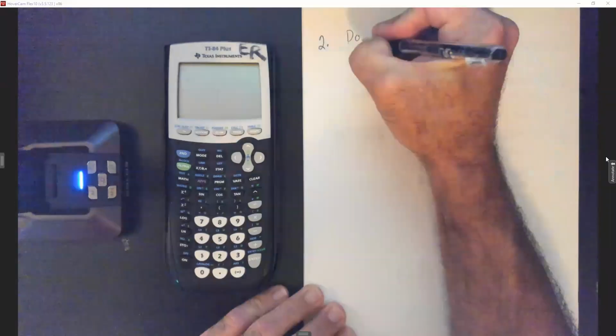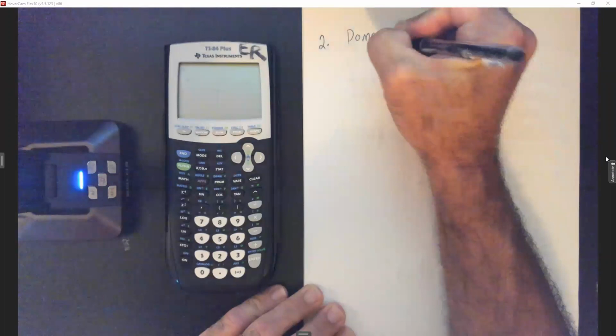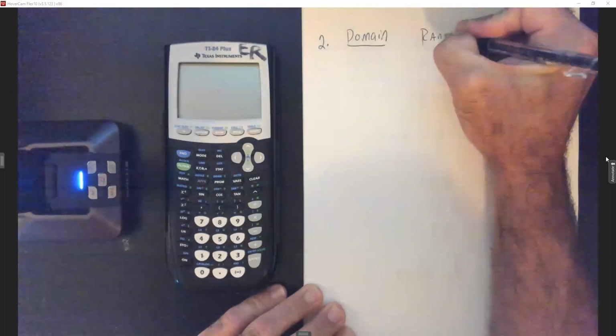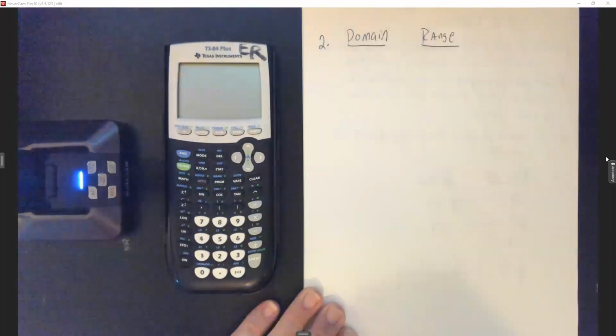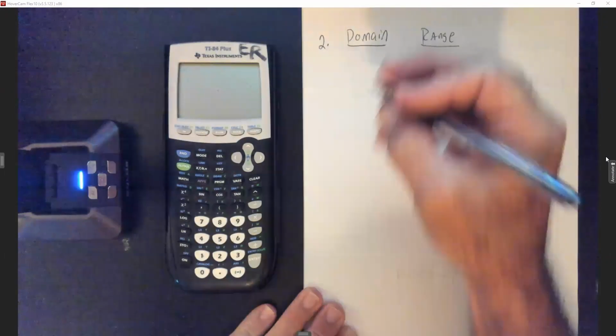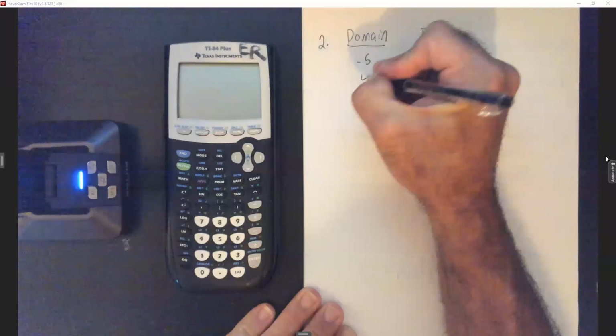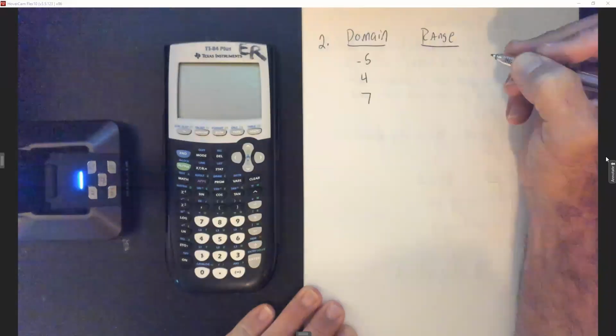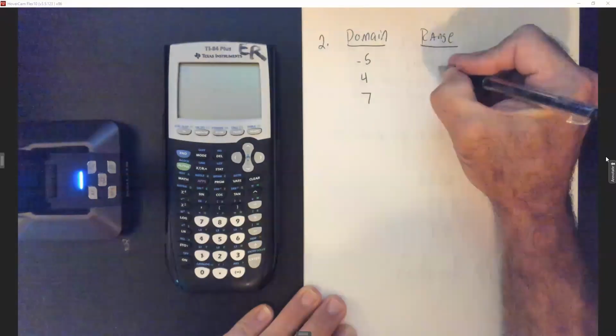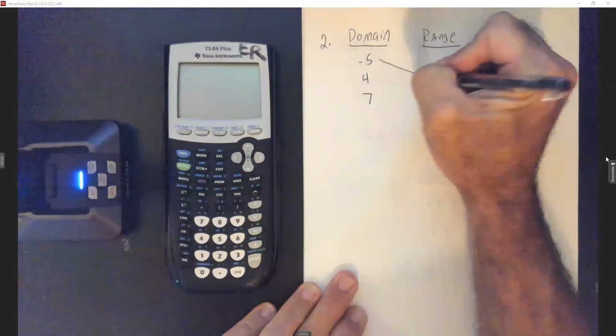So the second one, we got domain and range. In the domain, I got -5, 4, and 7. The range has a 5, and all three of these are pointing at the 5.